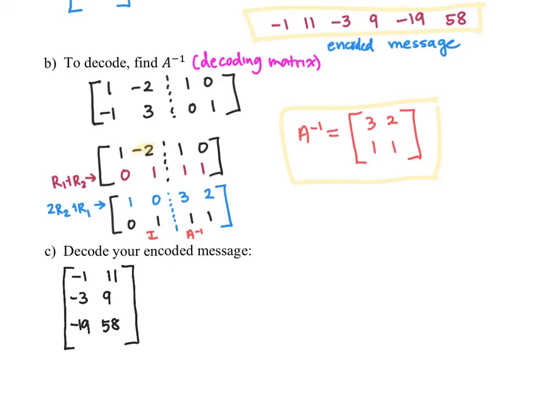And because they're trying to decode it, they're going to use the inverse. And then they're going to do their matrix multiplication row by column.